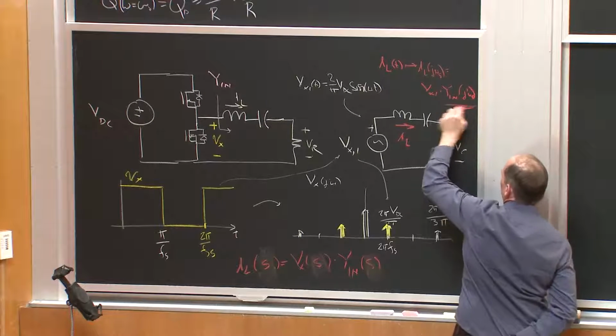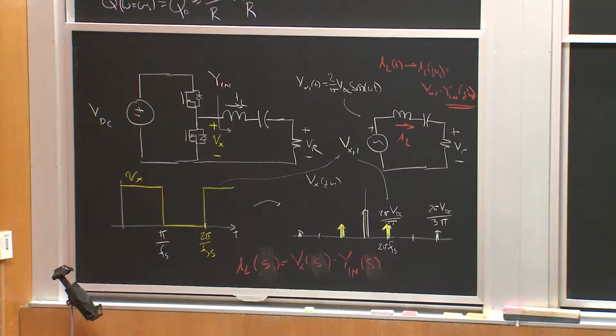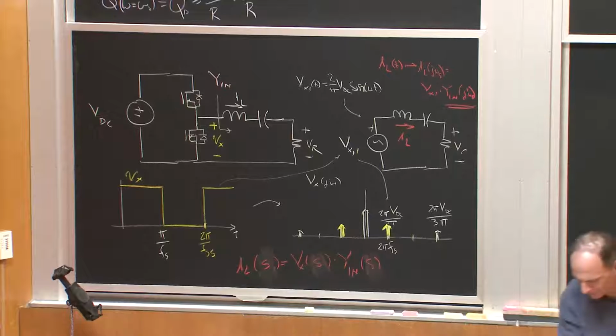And it's the fact that the admittance is so frequency selective that lets me modulate power. Okay. All right. Let's think about how we could do that.